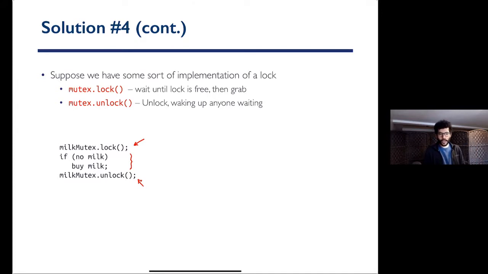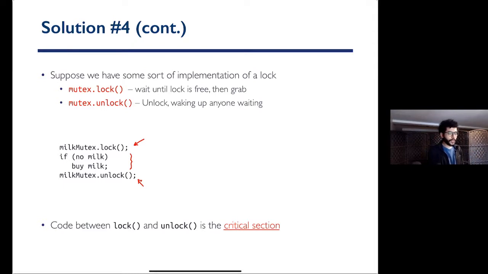By doing this, I am creating mutual exclusion, because if I am successfully locking the mutex, anybody else who attempts to do it is going to be blocked. Therefore, nobody else can run the code that comes after the lock until I unlock the mutex. At that point, others can go and lock the mutex. So we're going to say any code that we put between lock and unlock is our critical section.